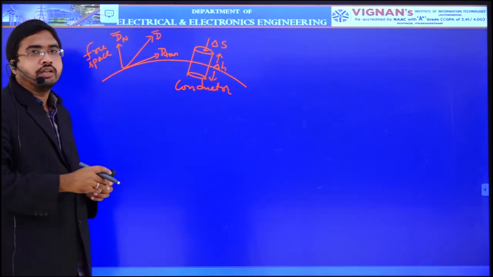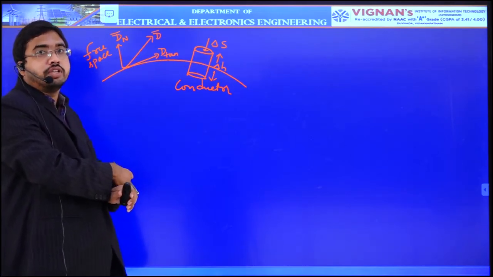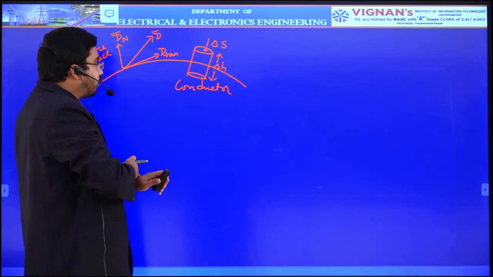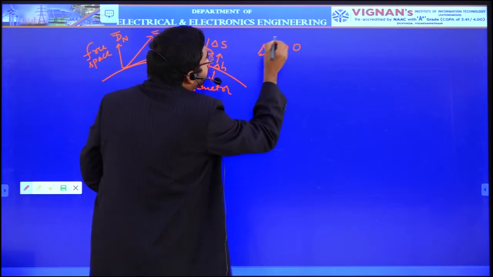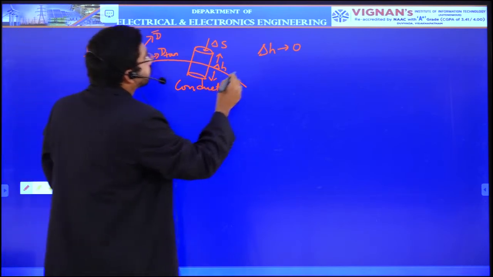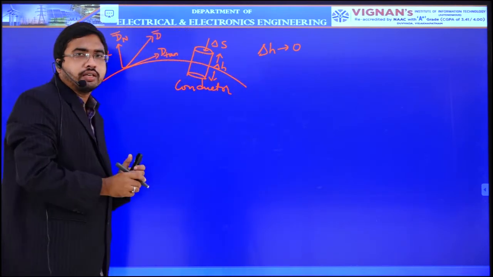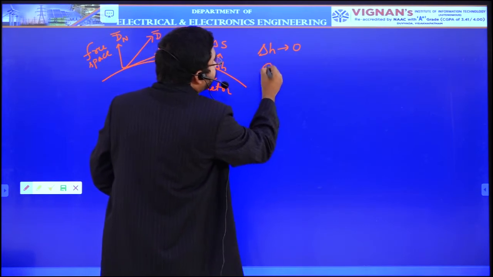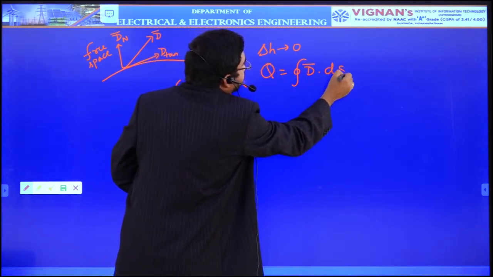But we know that the Gaussian surface will slowly become zero always. That means delta H will tend to zero. So for applying Gauss law here, what is the formula? Q equals integral D bar dot dS bar.